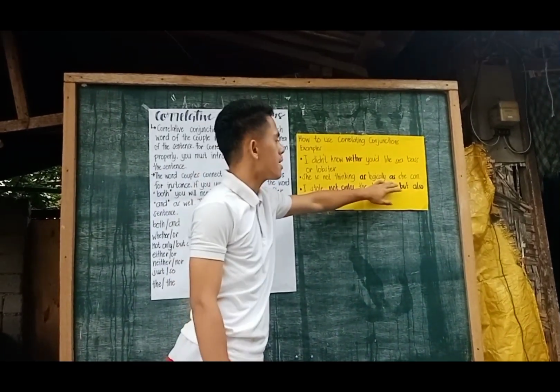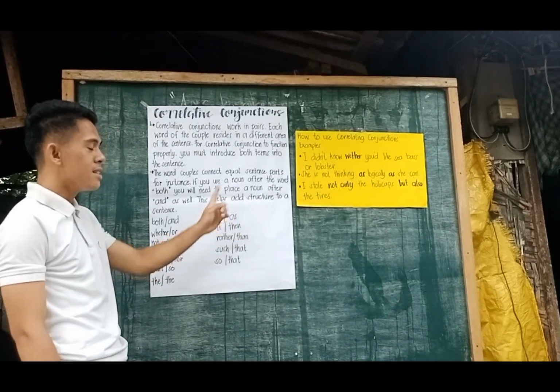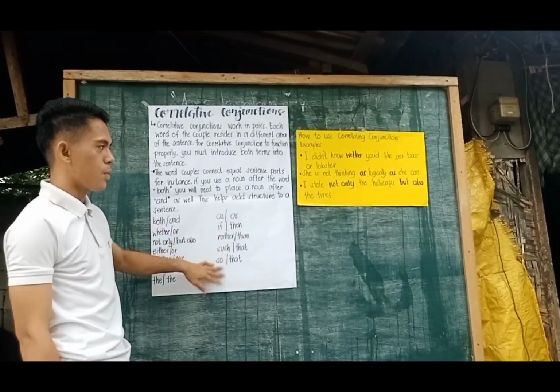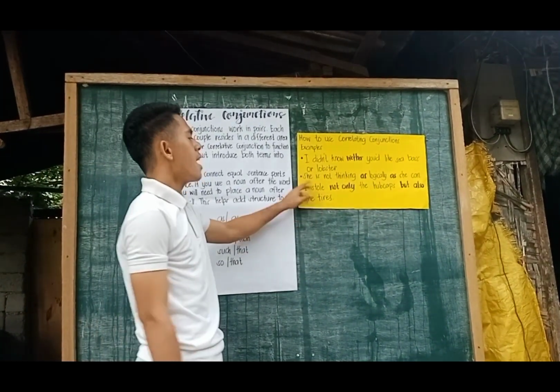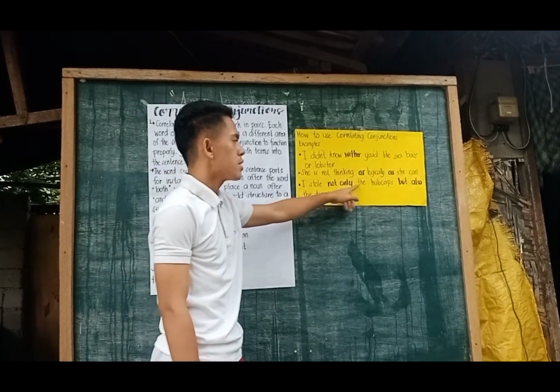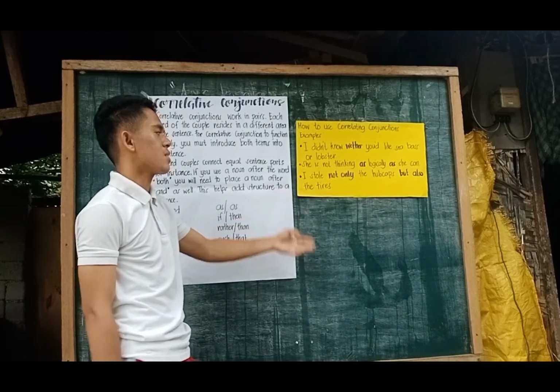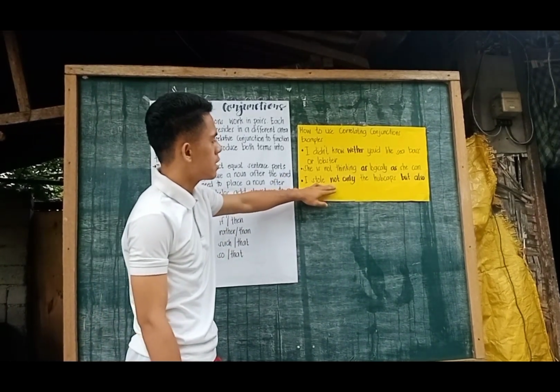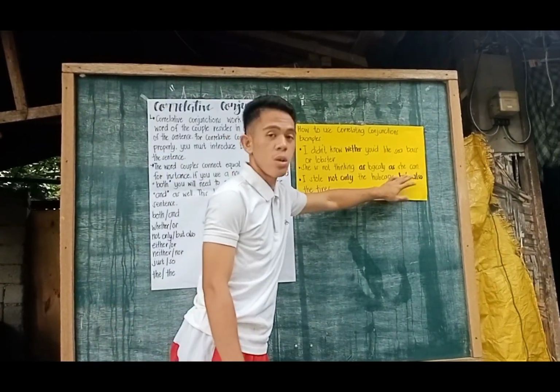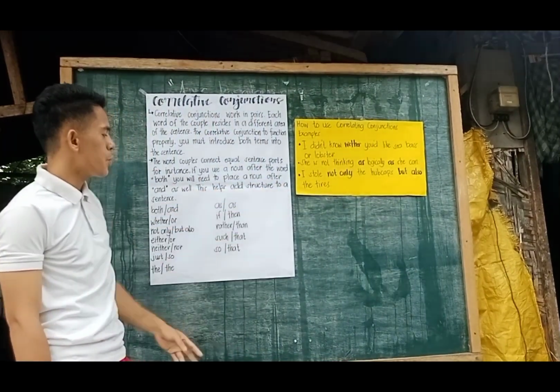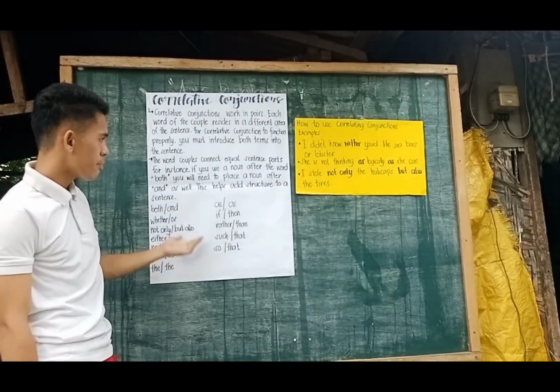We also mentioned as, as in our examples. Last but not least: I stole not only the hubcaps, but also the tires. I bolded the not only and but also because they are also included in our examples.